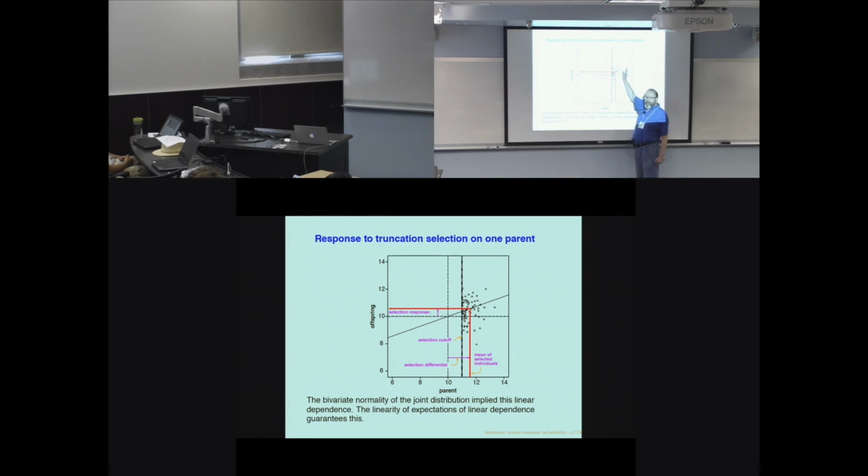Well, we've seen that for each slice here, the mean is given by bouncing off the regression line. It follows by the linearity of this regression line that the average response is obtained by taking the average value of the parents, the mean of the selected individuals, and bouncing off the regression line.